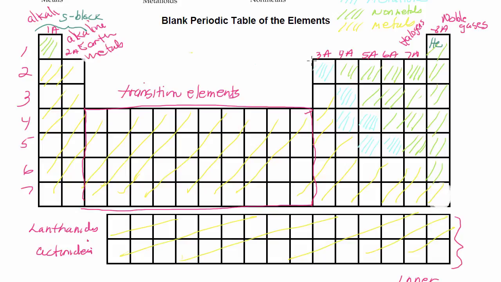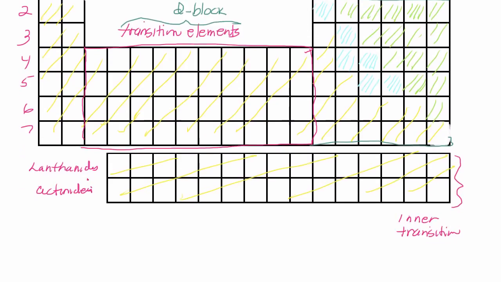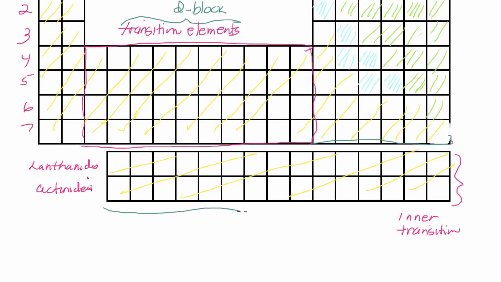All of the elements in groups 3A through 8A, with the exception of helium, will be called the P block. Our transition elements here will be the D block elements, and our inner transition elements, these two rows here, will be called the F block.